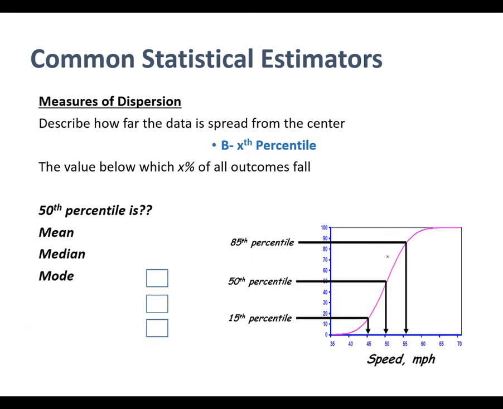Another measure of dispersion is something that we did in our previous lecture when we talked about percentiles. The percentile also gives me information. Remember when we talked about the TR, the reaction time, that's another random variable.